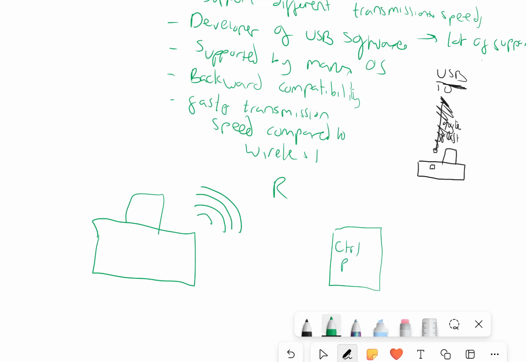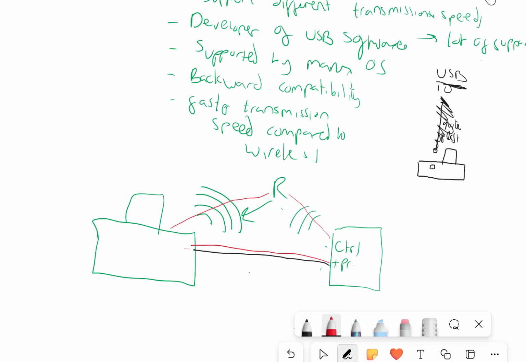I press print, so Control P. If it's using Wi-Fi, I'll send a signal, boom, boom, boom. If I was using a USB to connect my computer to the printer, it'll go straight there like this. And the speed of it being able to travel down the cable is far quicker than if it was having to send a Wi-Fi signal and pass the data over here and then bounce back over here. So it's faster compared to a wireless network.